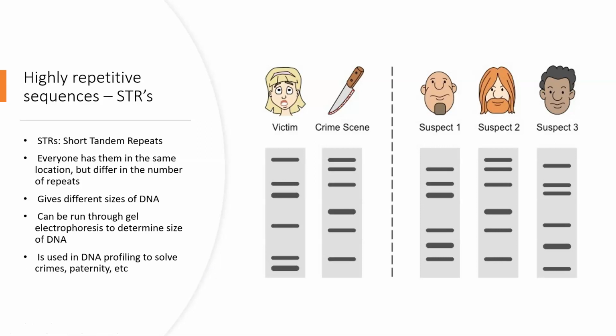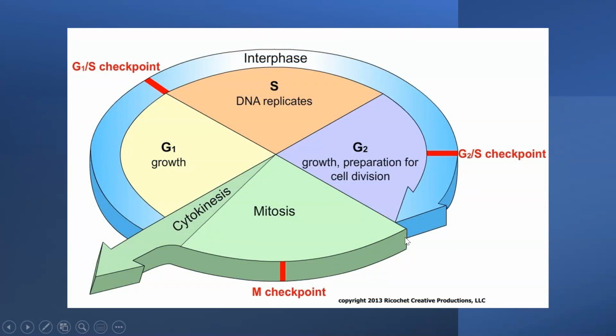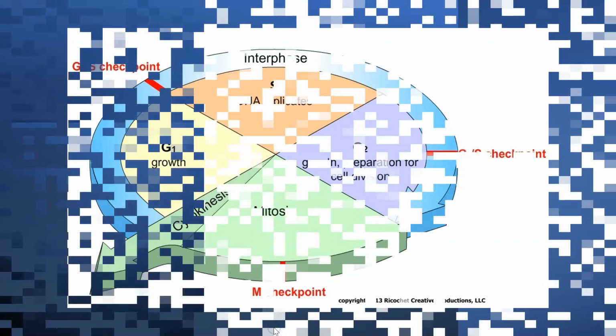And it's this that's used for DNA profiling to solve crimes, paternity, etc. Okay, before we move on, just have that understanding of the cell cycle, where our DNA replication occurs at the S phase of the interphase.